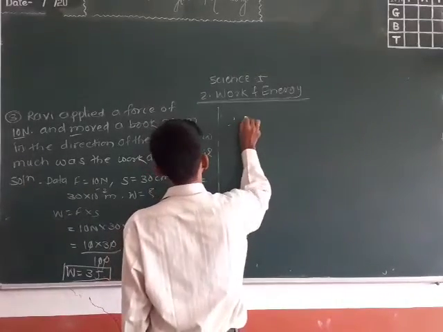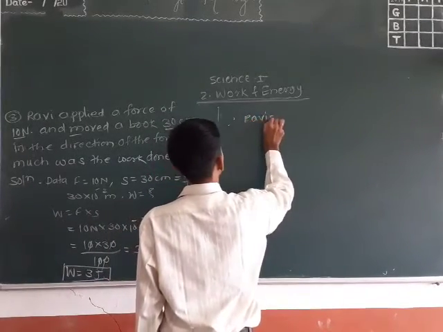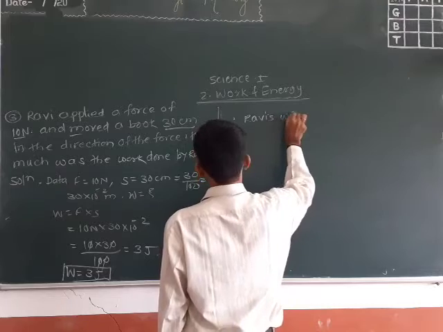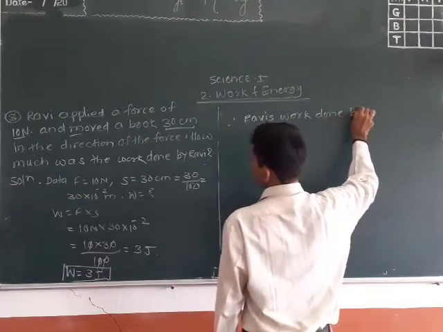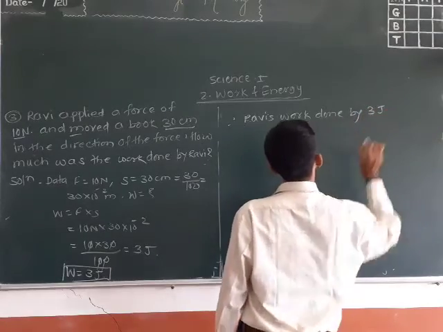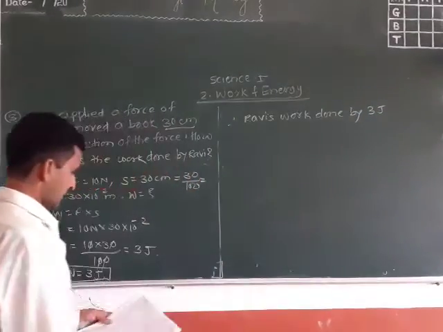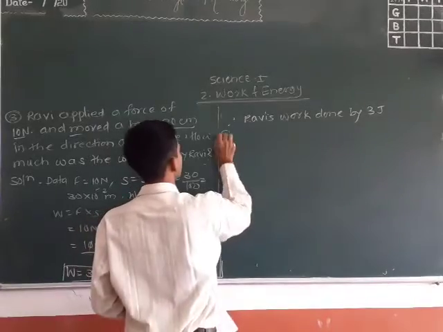Therefore, Ravi's work done is 3 joules.